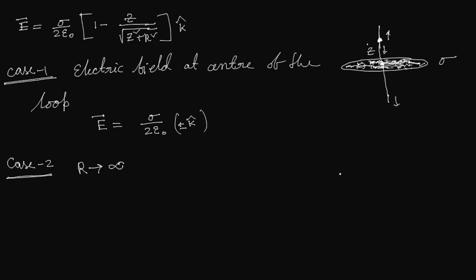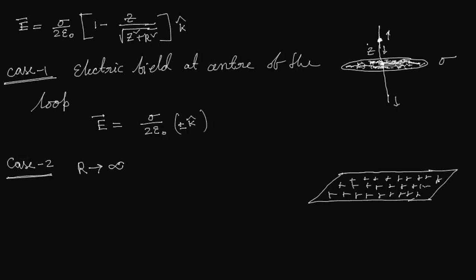So this whole charge carrying loop will now behave like a charge carrying infinite plane, which is carrying a uniform surface charge density sigma.